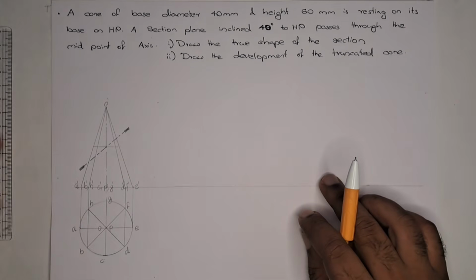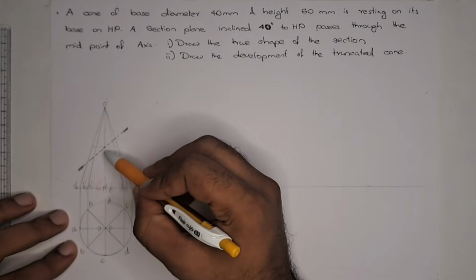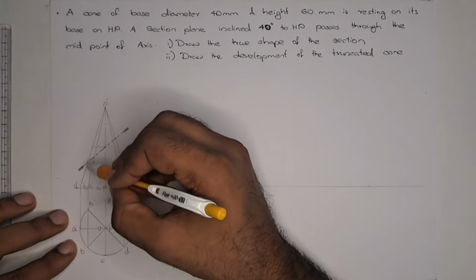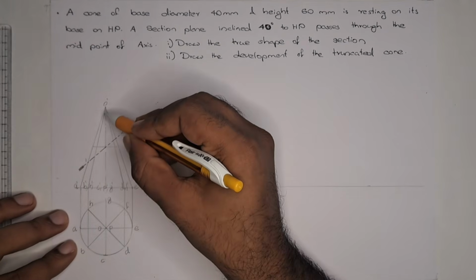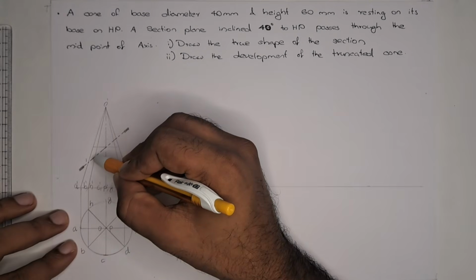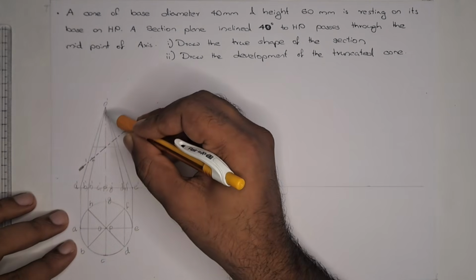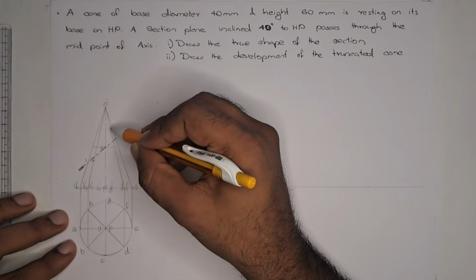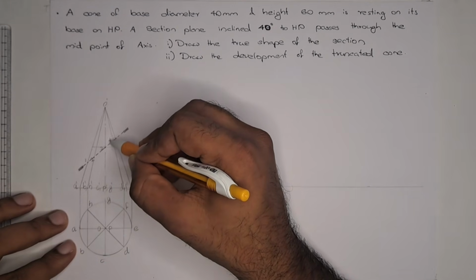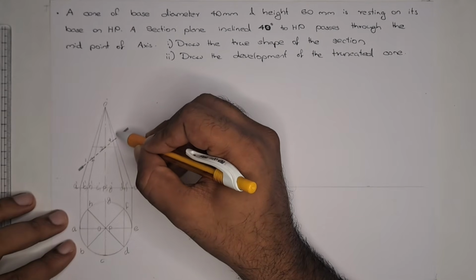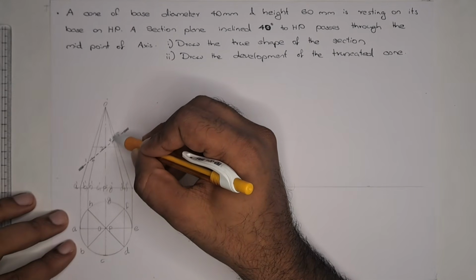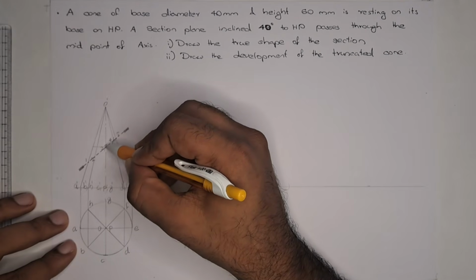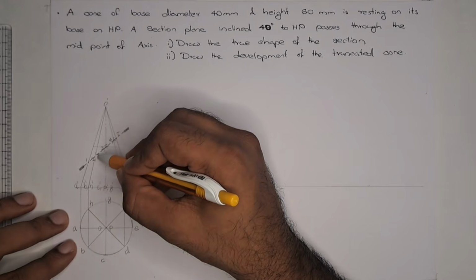Now we have to mark the points over the section plane. On OA it will be 1, OB it will be 2, OC it will be 3, OD it will be 4, OE it will be 5, OF it will be 6, OG it will be 7, OH it will be 8.